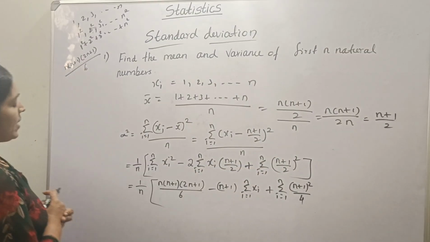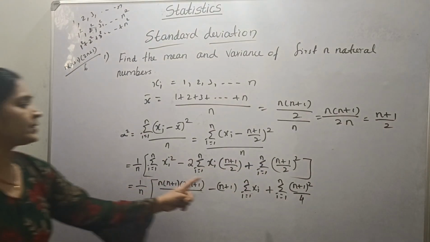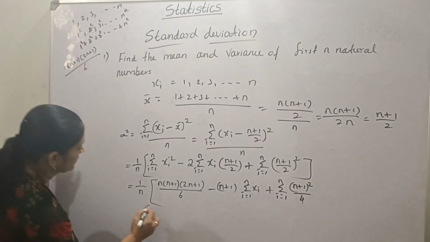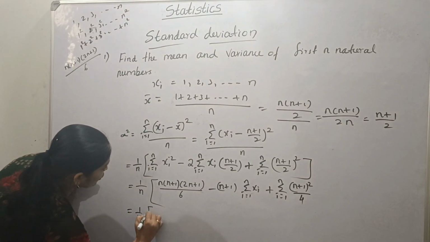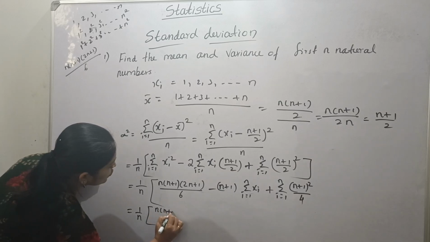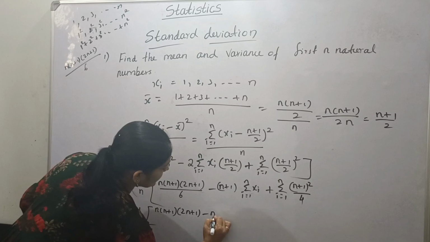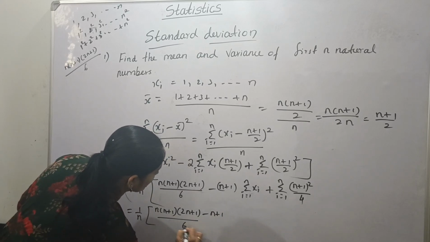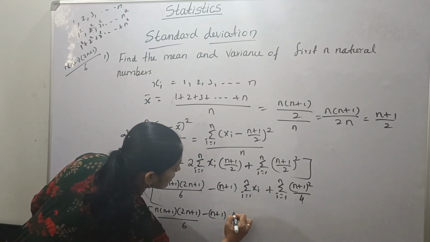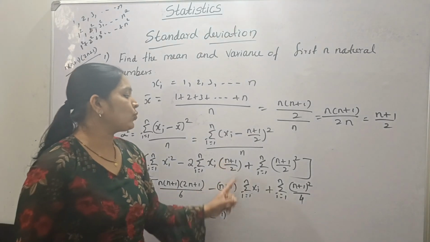See, after that let us write this one: 1 by n into n plus 1 into 2n plus 1 divided by 6 minus n plus 1, is there, okay? n plus 1 into the sum from i equal to 1 to n of xi.